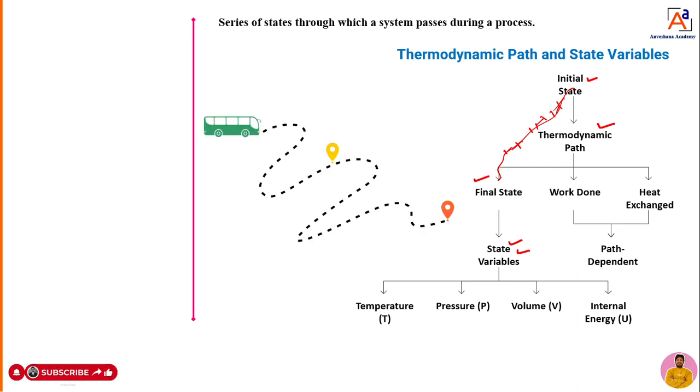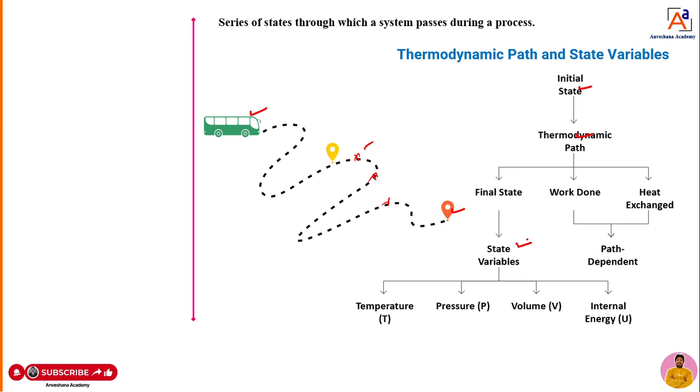What are state variables? You can see here now, dear students. When the system is at the initial point and reaches a final state, it passes through a series of states, which is known as the thermodynamic path. When it reaches the final state, the properties change. Those properties we call state variables.